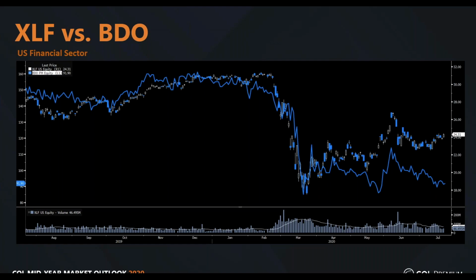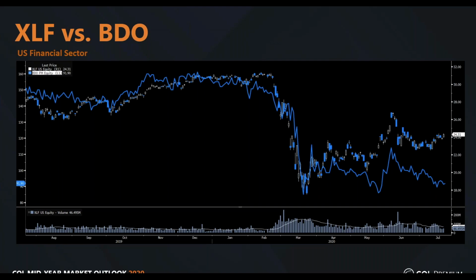This is the XLF. This is a composition of all the different top banks like Citibank, Bank of America, JP Morgan, Wells Fargo, versus the biggest bank here in the Philippines, which is BDO. And you can see we're moving the same way. The rally came in April and May, and then today you're seeing it retesting. So like BDO, is it a W? It's not. It's like an L already.